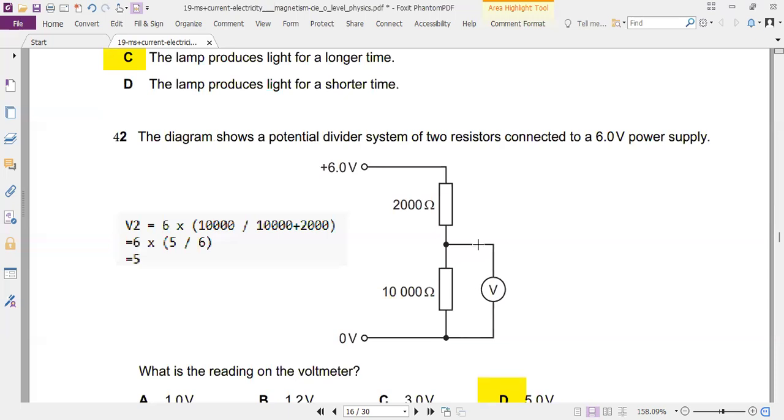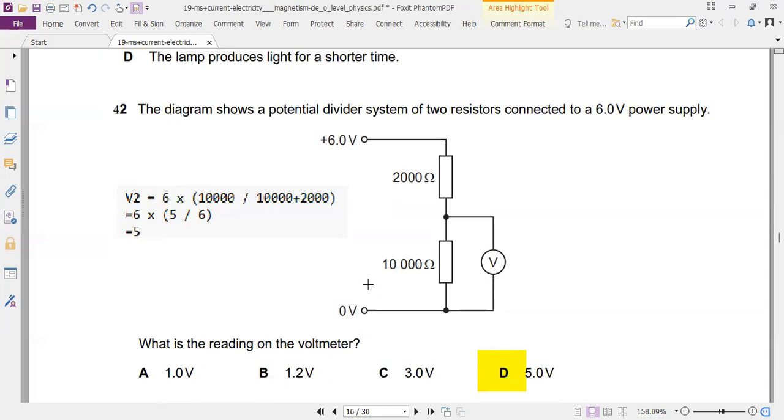This question, again, we have to calculate the voltage across the 10 kilo ohm resistor. 6 is the voltage in the original supply. So we calculate this using this relationship, and it is 12.